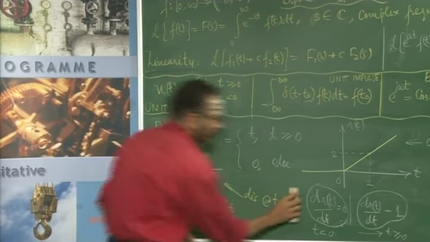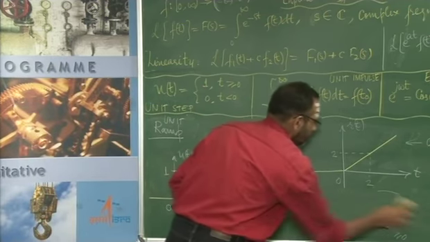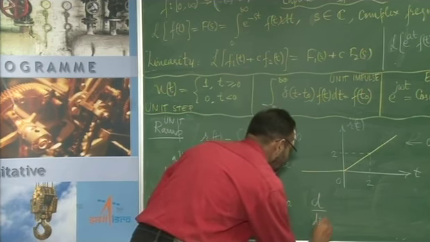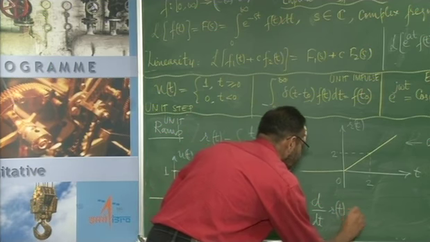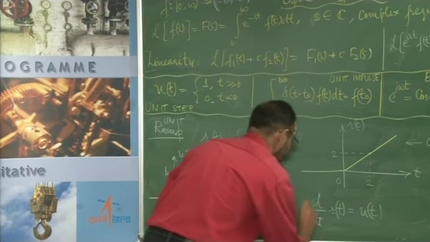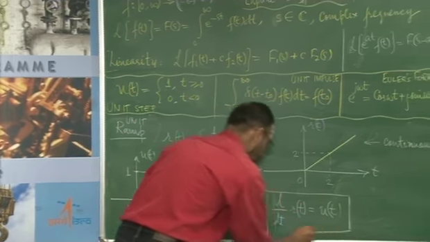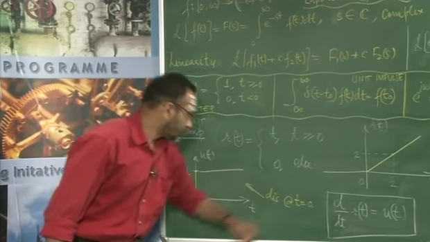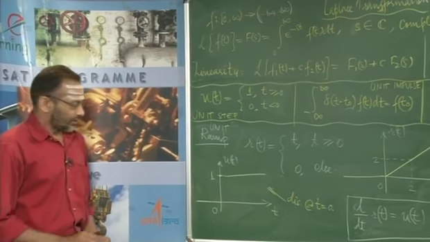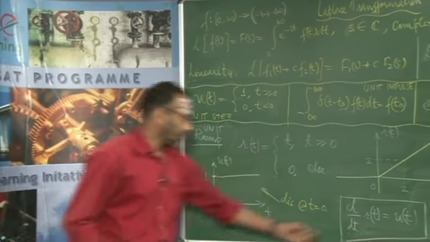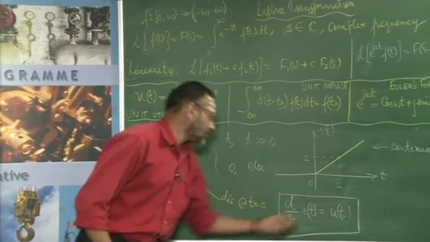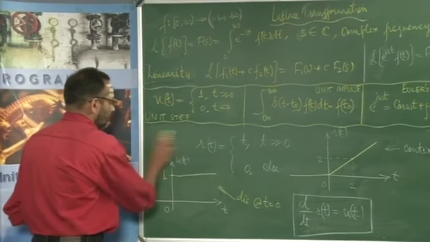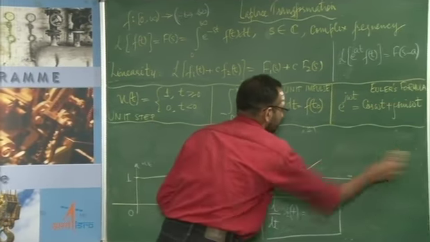Therefore, what it tells us is d/dt of r(t) equals u(t). All right. So, that is the relationship that we are going to get between the unit ramp and the unit step. So, let us bear that in mind. Having defined the ramp like this, we are going to have this relationship.